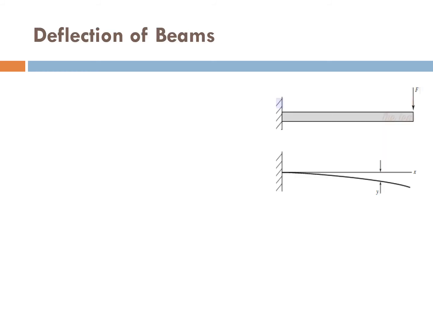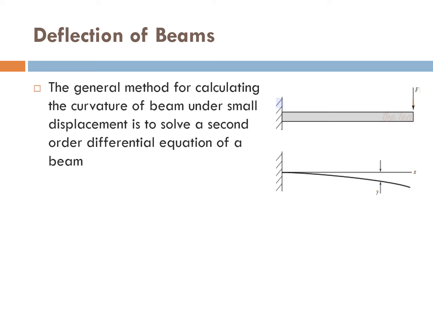Now we shall analyze the deflection of beams under simple loading conditions. The general method for calculating the curvature of beams under small displacement is to solve a second order differential equation of a beam given by EI into d square y by dx square is equal to M of x.